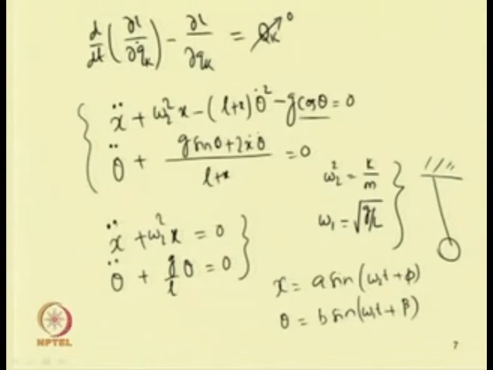Here a and phi can be obtained from the initial conditions. Similarly, b and beta can be obtained from the initial conditions.